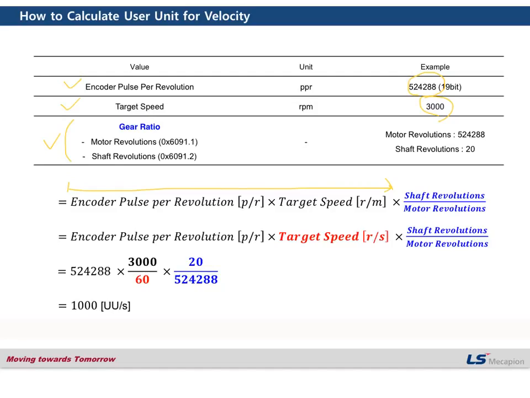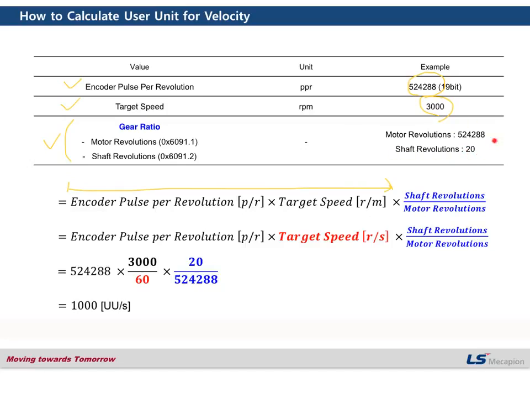The only thing that is added is the shaft revolutions over motor revolutions, because we have a gear ratio, and that means in these parameters, 6091, from these parameters we can check this value: motor revolutions 54288 and shaft revolutions 20.